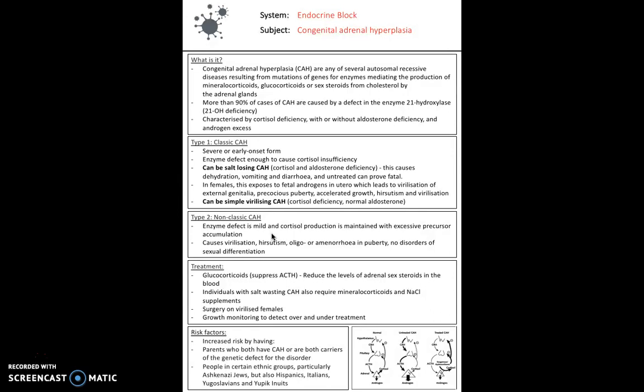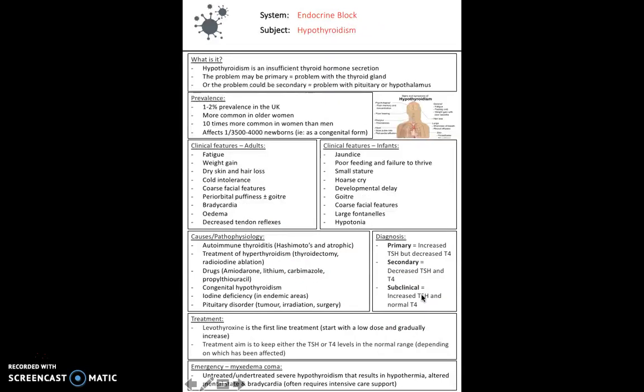We get an accumulation essentially of precursor molecules, but we don't actually get enough cortisol production, and it causes virilization, oligo or amenorrhea in puberty, but there's no disorders of sexual differentiation in this case. In terms of treatment, we can use glucocorticoids, and depending on what type of congenital adrenal hyperplasia it is, we may want to use mineralocorticoids as well, or sodium chloride supplements as well.